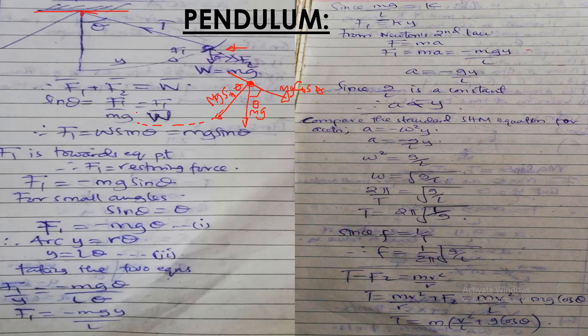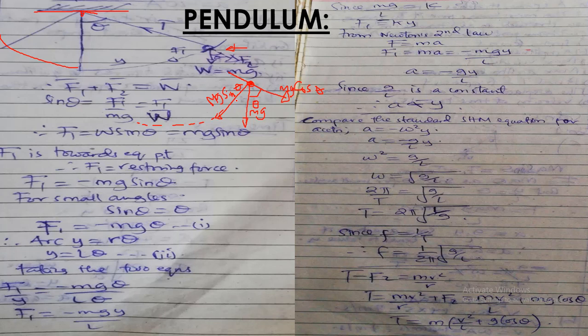As you can see, the body oscillates to the maximum, comes to the mean, goes to the maximum, comes to the mean, goes to the maximum, comes to the mean. All the time this component F1, which is mg sin theta, is the one that is pushing the body back towards the center.